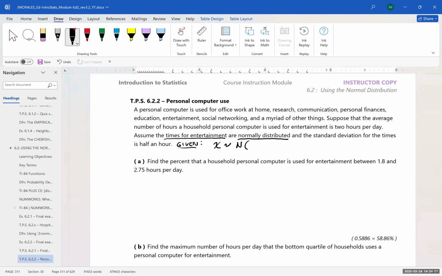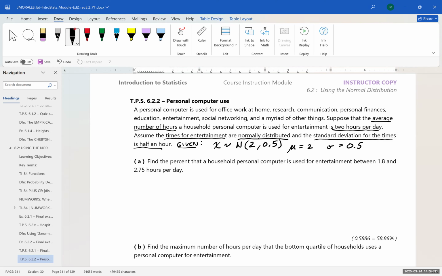Suppose the average number of hours a household personal computer is used for entertainment is 2 hours per day. So the average number of hours is 2. That's the mean, with a standard deviation of half an hour. So that's 0.5. Okay, so we've got a mean of 2 and a standard deviation of 0.5.